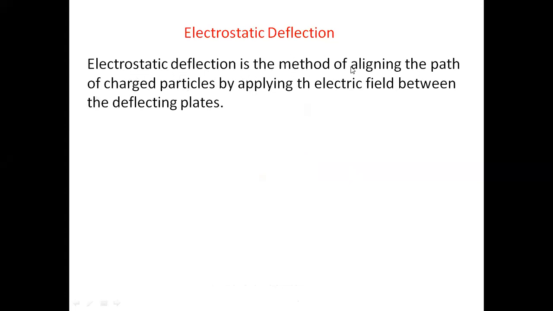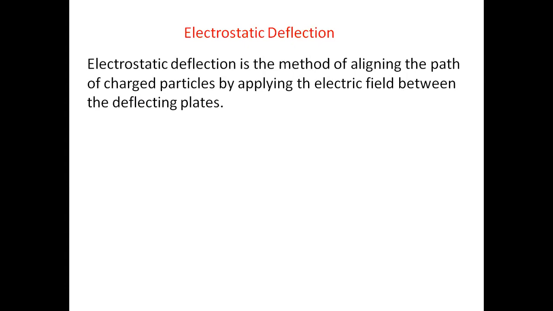What is the electrostatic deflection? Electrostatic deflection is the method of aligning the path of charged particles by applying an electric field between the deflecting plates. After the electron gun releases the electrons, they move through the horizontal deflecting plates and vertical deflecting plates.